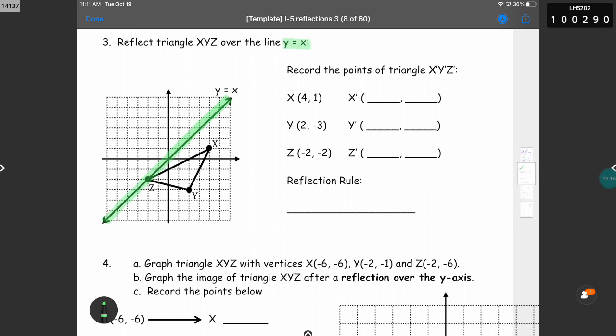Okay? When I flip my paper, so I have it here, right? When I flip, what I'm actually doing is I'm going up like this. Do we see that? So I'm actually flipping my paper to go over that Y equals X line.